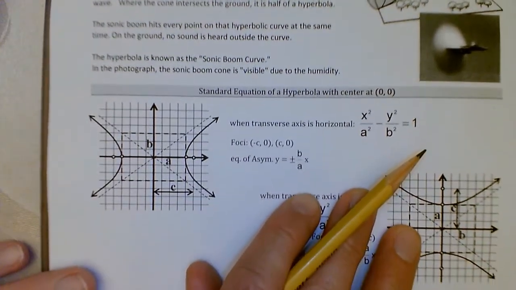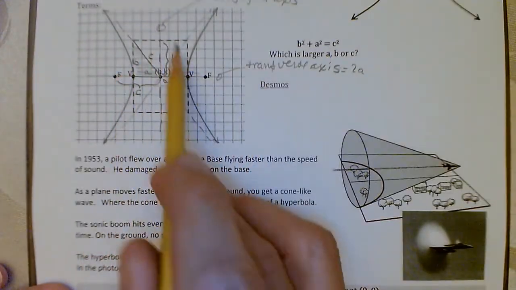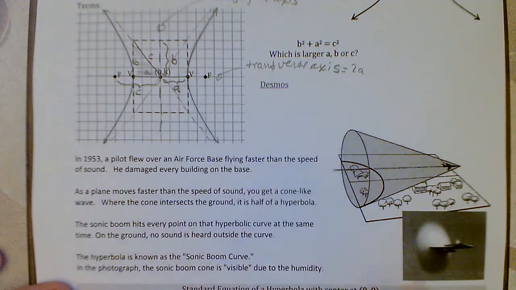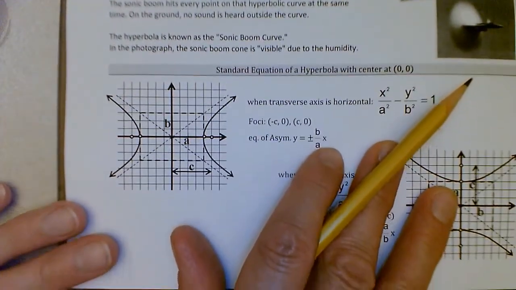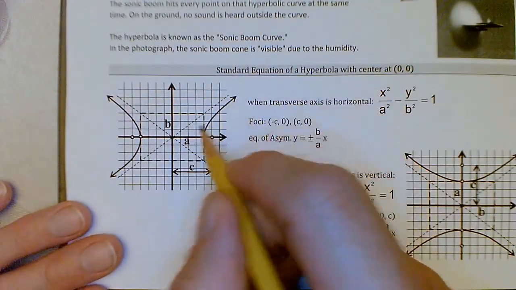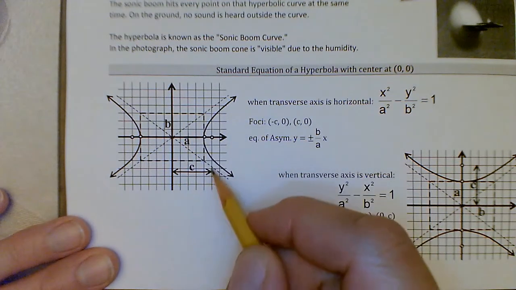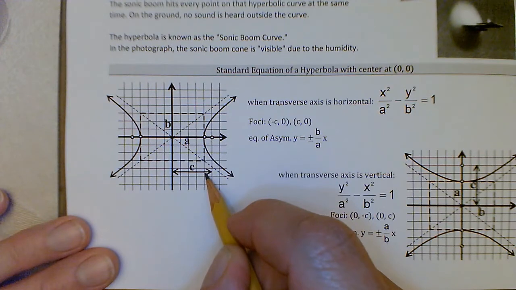All right, so let's look at, we talked about up here the different components of a hyperbola. This one has transverse axis that is horizontal, sorry, and that's kind of similar to this one. We've got all the components drawn in. Remember that C is the biggest here.